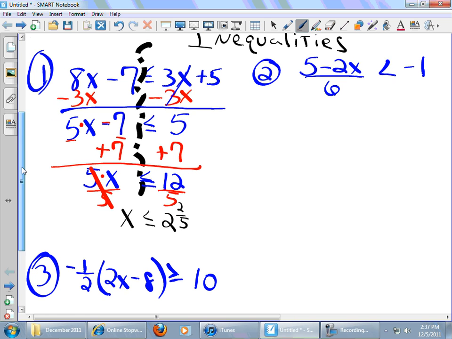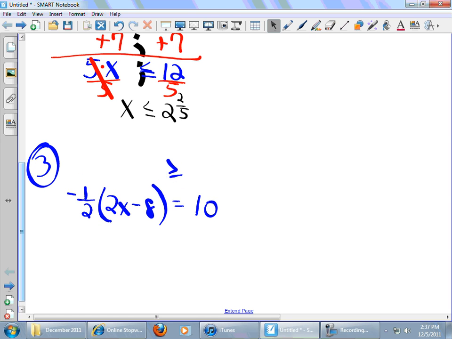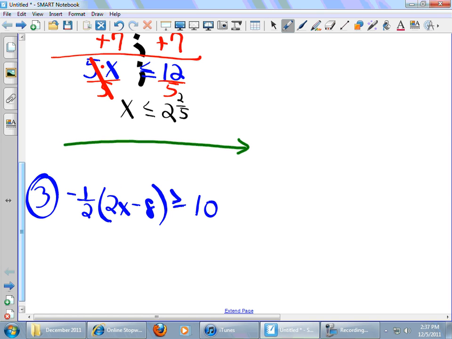When I go to draw my number line, I'm going to show the number 2 and 2/5.